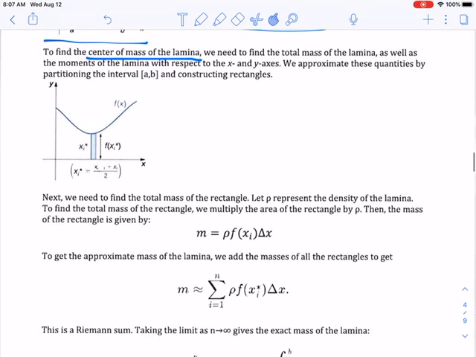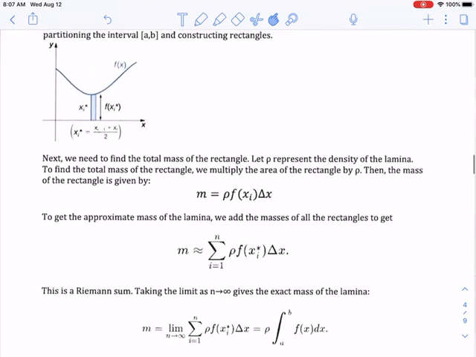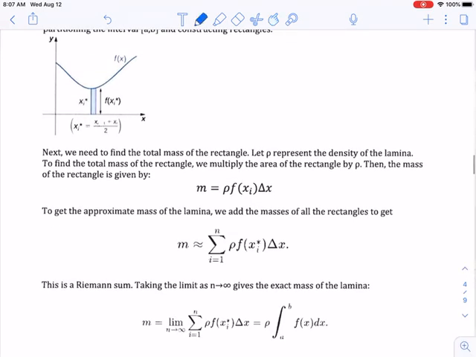So to do that, we're going to take the area underneath the curve, and we're going to break it into little rectangles, just like we always do. And so we want to find the mass of this rectangle. Remember that mass is density times the area of the rectangle. Density is usually a constant.